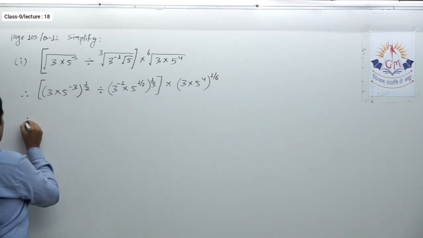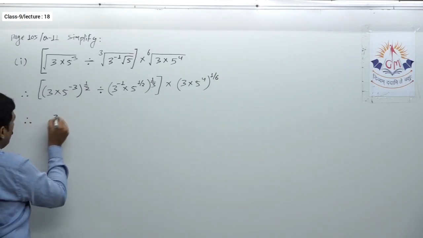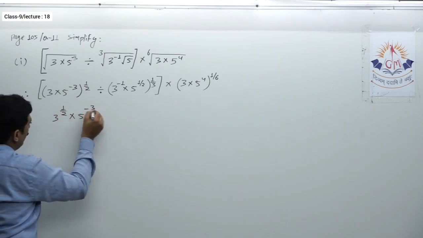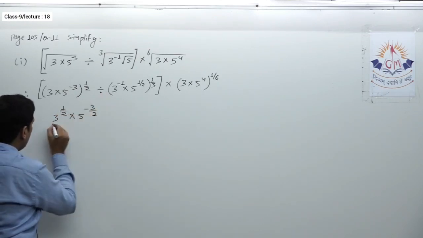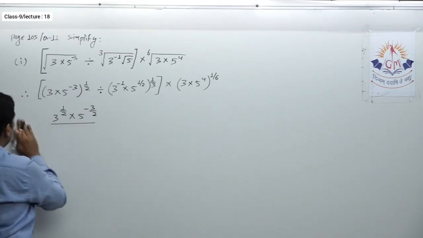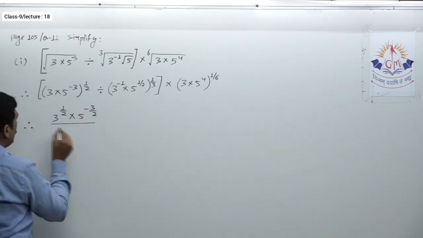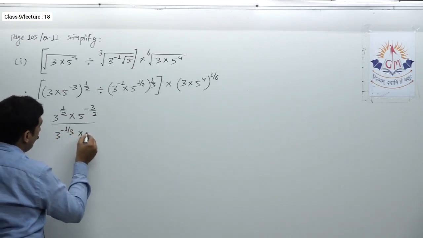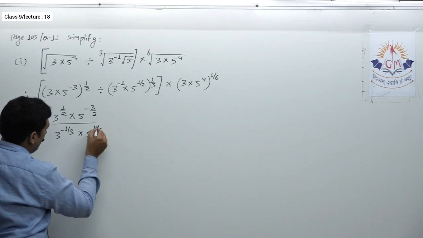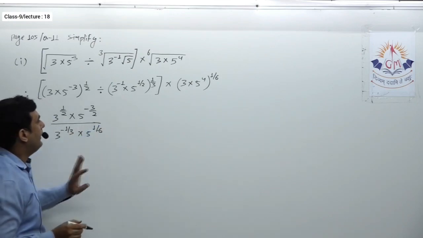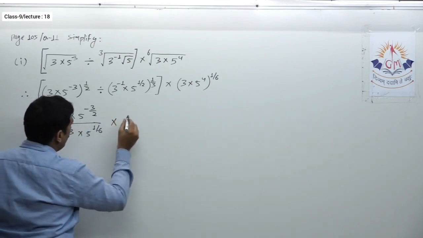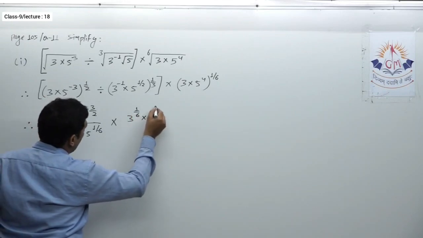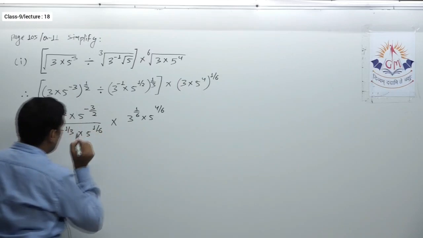Okay, so over here I do get 3 raised to 1 by 2 multiplied by 5 raised to minus 3 by 2. And as this term is division, I am writing in this manner. This is 3 raised to minus 1 by 3 into 5 raised to 1 by 6. Power to power, so I applied that directly. Multiplied by 3 raised to 1 by 6 multiplied by 5 raised to 4 by 6.